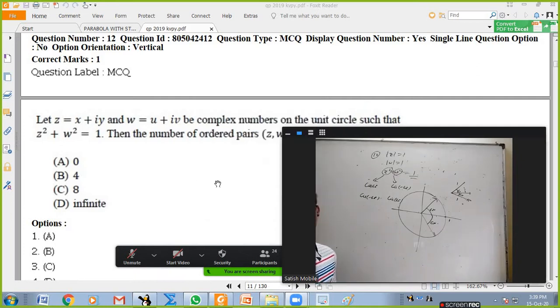What will z be? Cis 30. What about minus cis 30, is that also okay? Yes, that is 180 plus 30, which is 210. Anyway, anybody can tell this. If z square equals k, z can be plus or minus root k. So there will be two choices for z here.